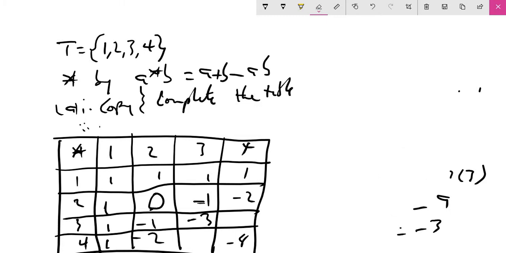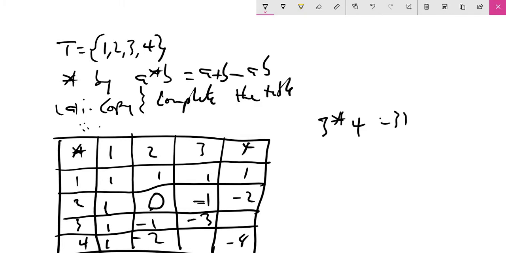Then 3 star 4. So it just follows, right? That's basically how you fill the table. You have 3 star 4 equals 3 plus 4 minus 3 times 4. So we have 7 minus 12, and this gives minus 5. And so on and so forth.